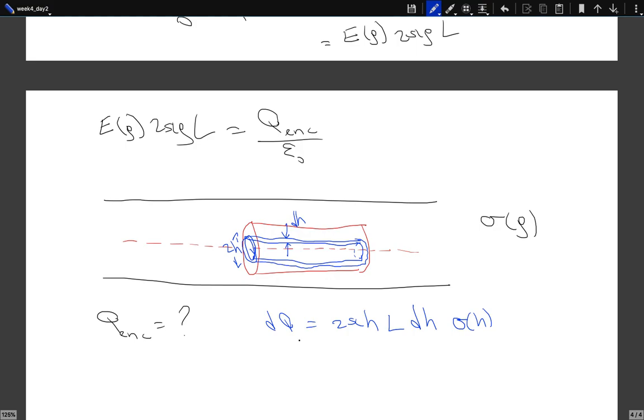To obtain the total charge, I will calculate the charge of each one of these shells. We had already calculated that. And now if I sum the charges of each one of those shells, that would give me the total charge of my cylinder. That is what I am aiming for. Well, that summation is just the integral.